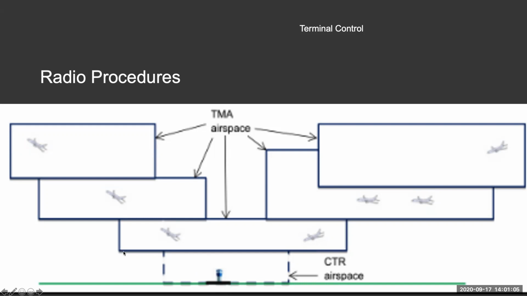But your terminal control areas are going to be this upside-down wedding cake that's all in the airspace around it. The purpose of this is to keep heavy control over aircraft that need it, but designate airspace so you're not doing it for every inch of Canadian airspace. There's a lot out there. It's not possible to control every inch. So we're going to set up the airspace to control only very specific flight patterns.